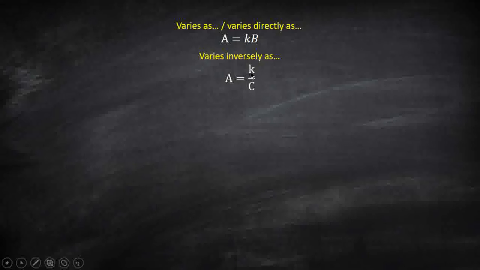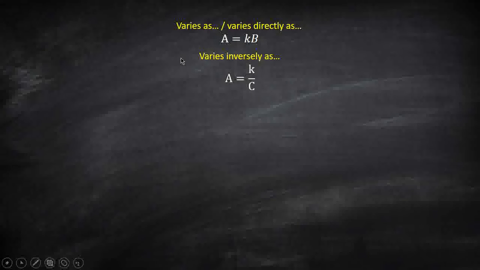But I say the constant K times 1 over C becomes K over C. So inversely is the constant over the variable.